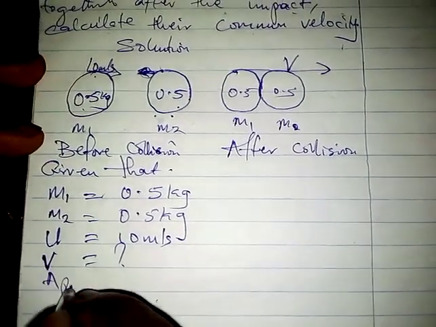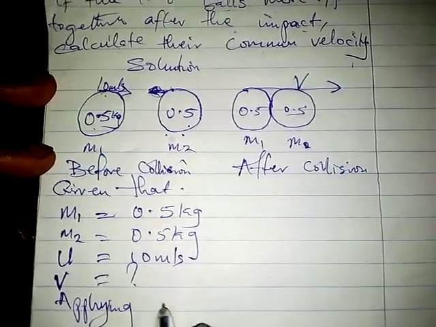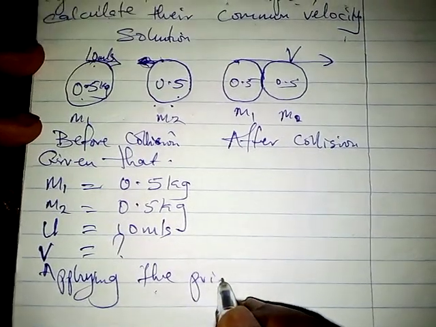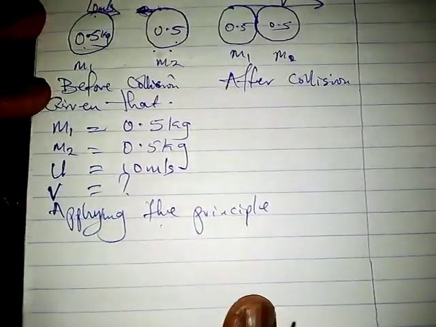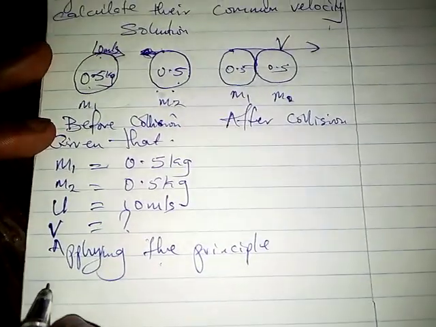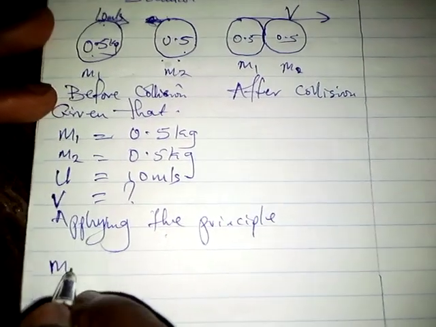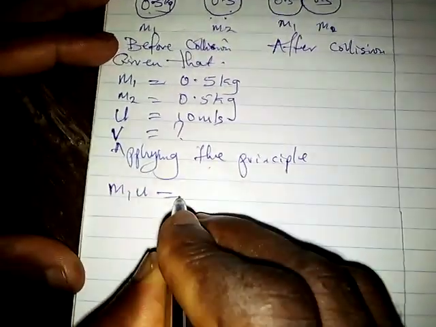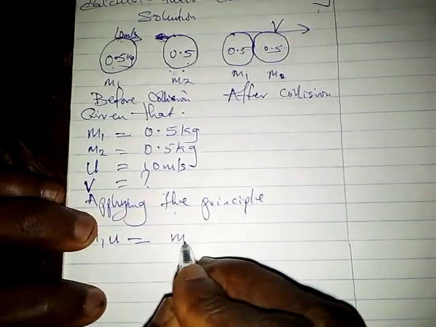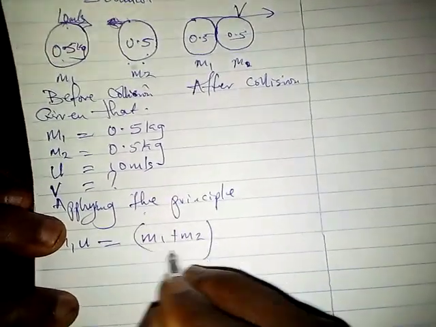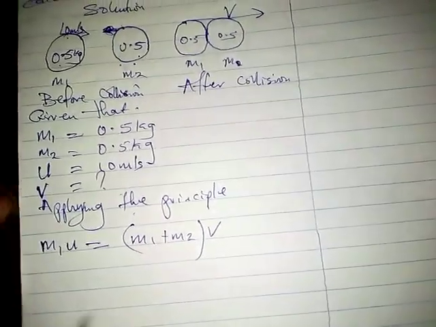So we'll be applying the principle. Now, which principle are we applying? Very simple principle. We just say M1U equals M1 plus M2, all in bracket, V. Are you there? So how do we go now?